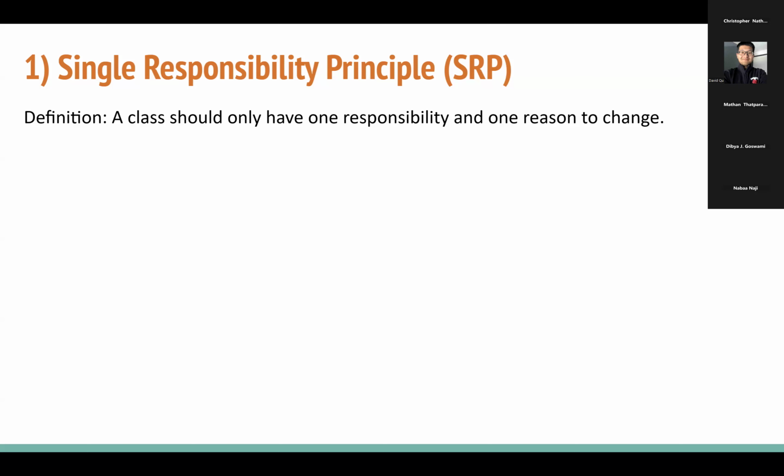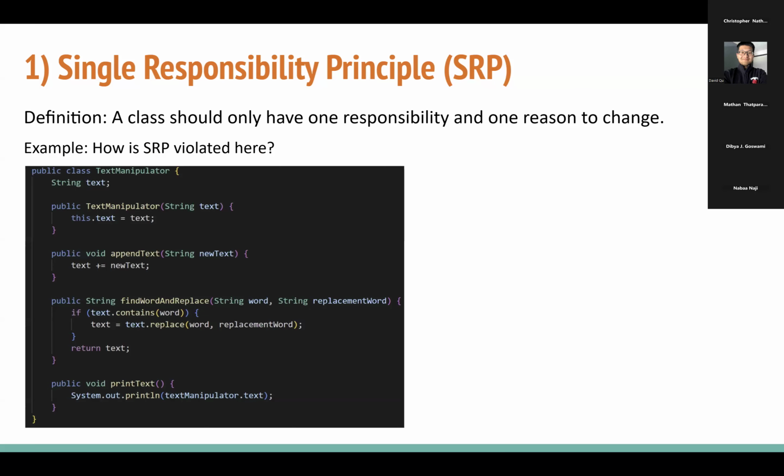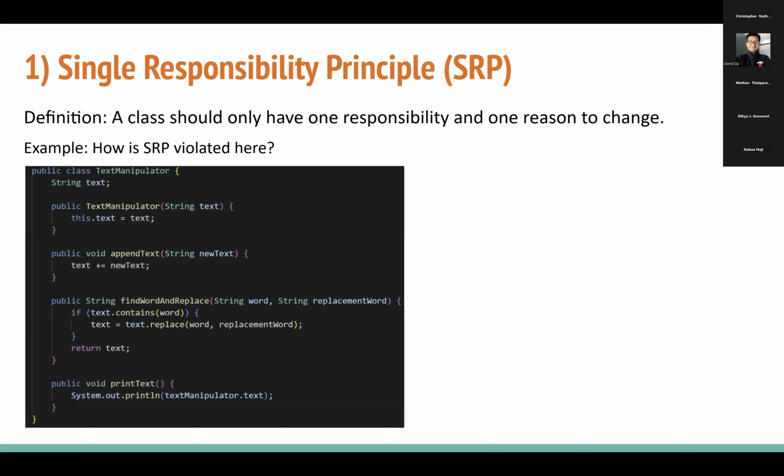Now, to show this through an example, I have this piece of code. And my question for you guys is, how is SRP violated here? So I'll give you guys a few minutes to look at it and tell me how you think we violate the single responsibility principle.